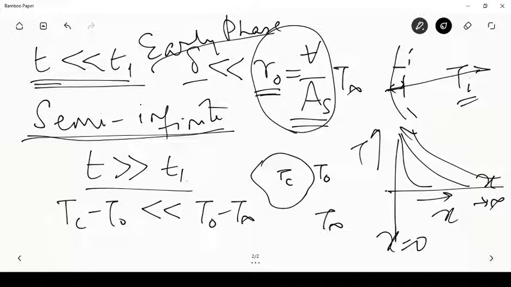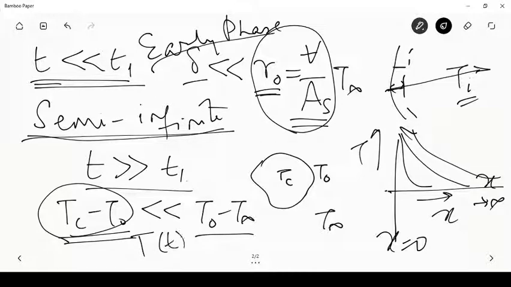This is the case that would happen, in which case we can say that Tc and T0 are not so different as compared to the difference between T0 and T infinity, so much so that you can consider the body to be at one uniform temperature, let's say T of t. So this is what we call lumping the body.